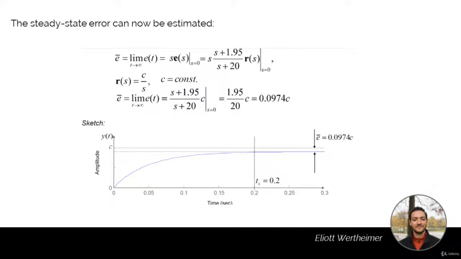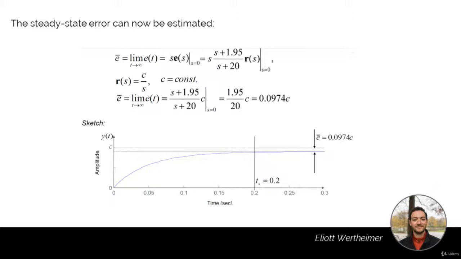So we saw before that the steady state error is actually the error that remains between your final response of your system and the desired reference you want to reach. Essentially, in mathematical terms, it is the limit of the error with respect to time as time goes to infinity. If you apply a Laplace transform to this in the s domain, this is equivalent to s multiplied by the error E(s) as s goes to 0.